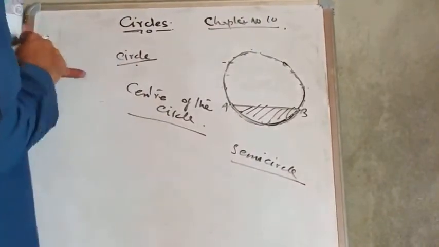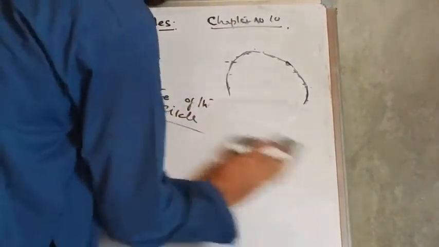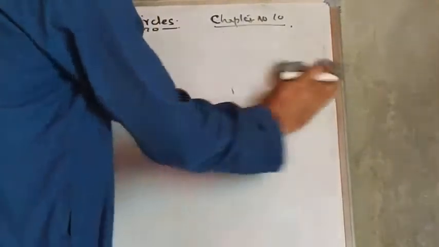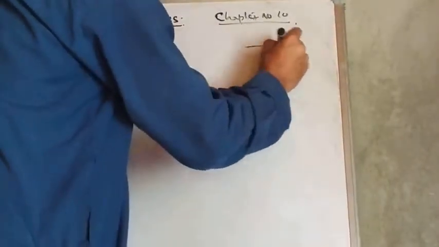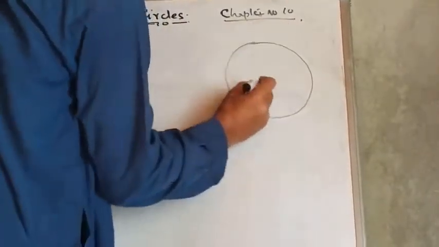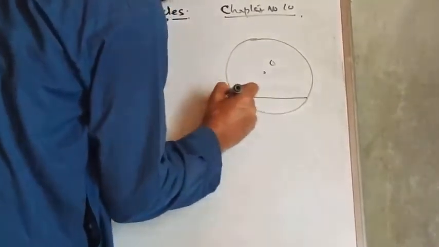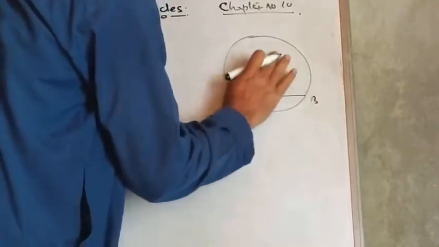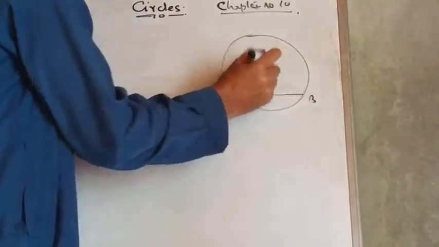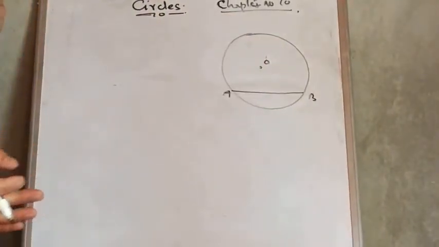So again I will repeat this. What are the minor and major segments of a circle? This is a circle with center O, and this is a chord, say AB. This AB has divided the circle into two parts.